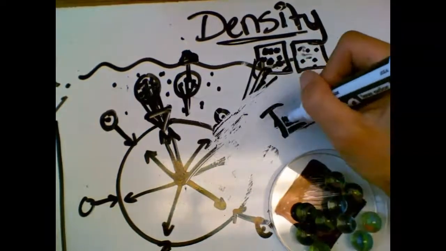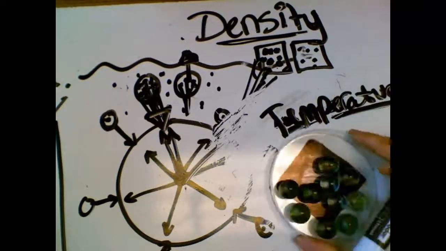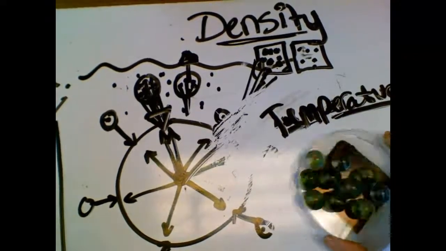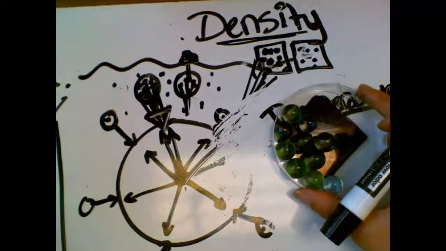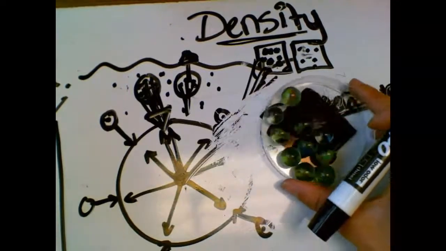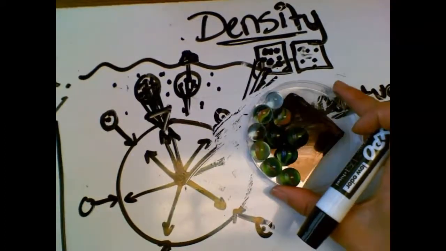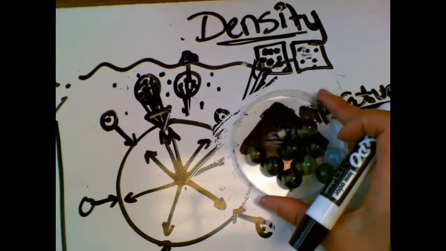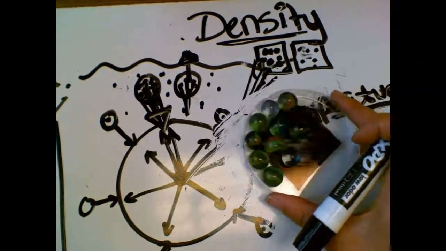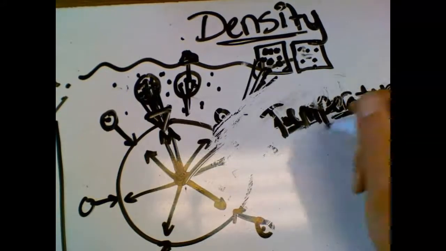So as we increase the temperature, we are going to decrease the density because they're spreading out. When things are colder, they're moving slower, and for the most part, with some exceptions, these things get closer together because they're not hitting each other as hard, and then they become more dense. So what we have is temperature affecting density.